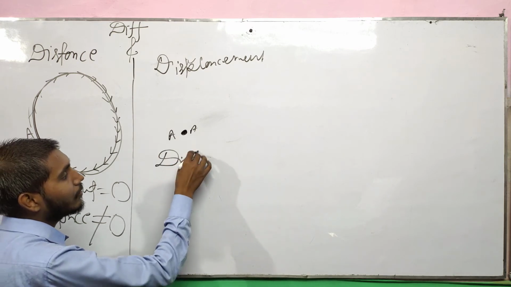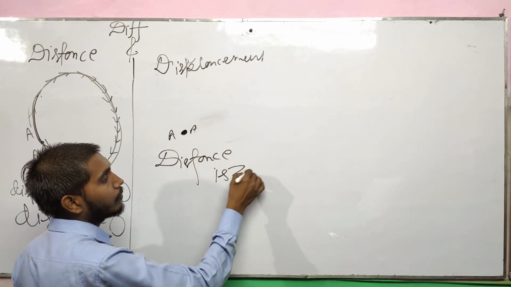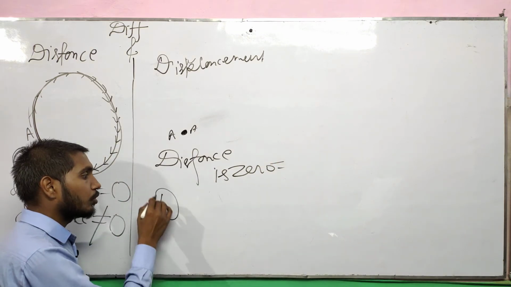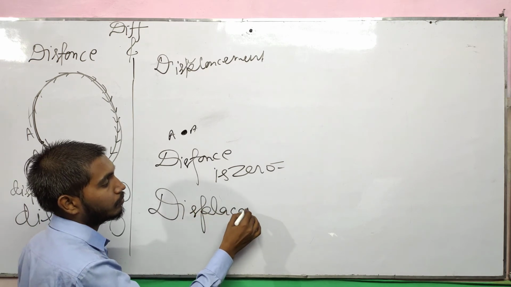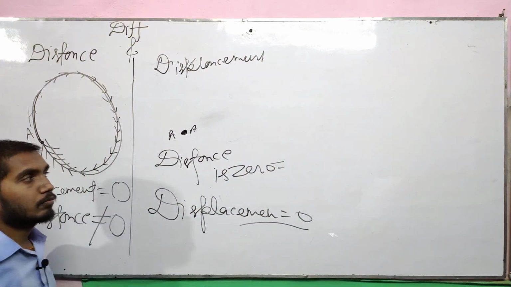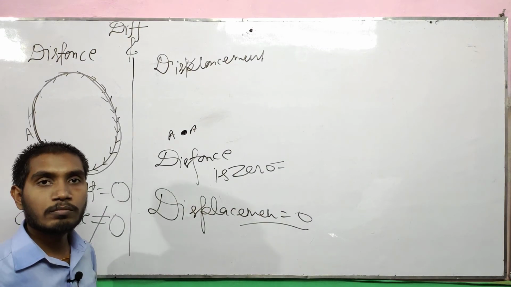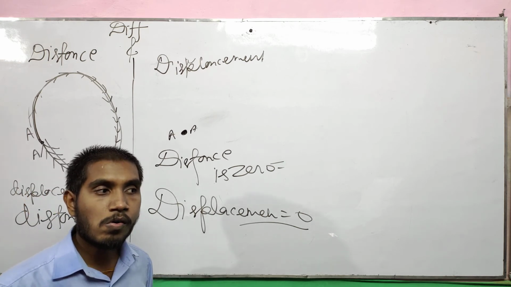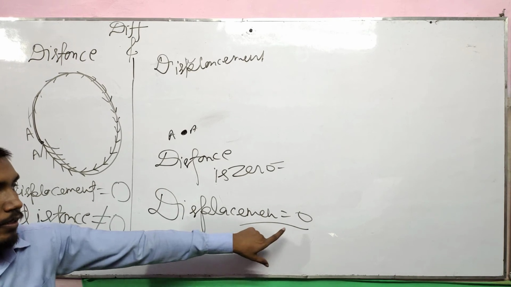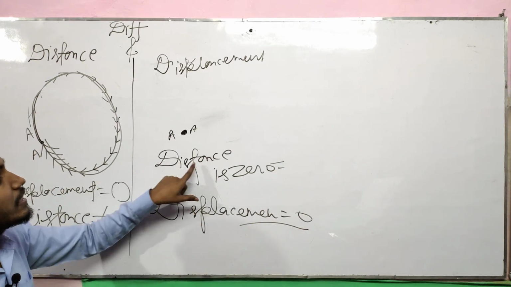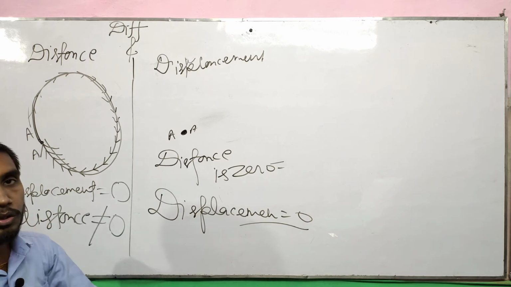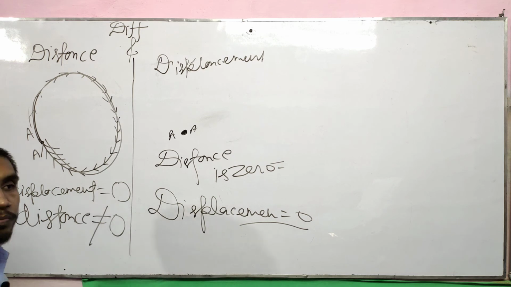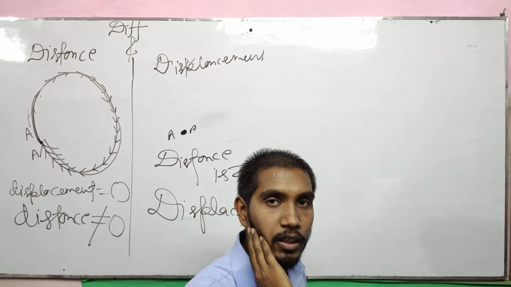So distance is 0 and displacement is also 0. So displacement of an object is 0 when distance is 0. When distance is 0, not covered any path, then displacement is also 0. Understood?